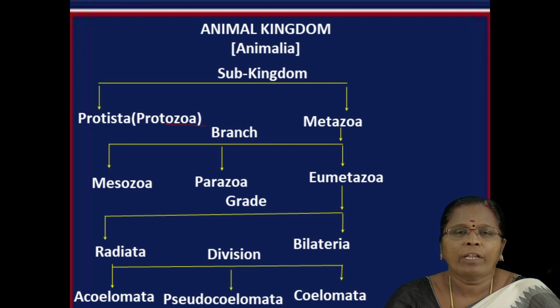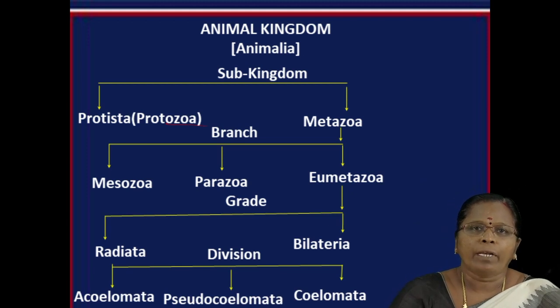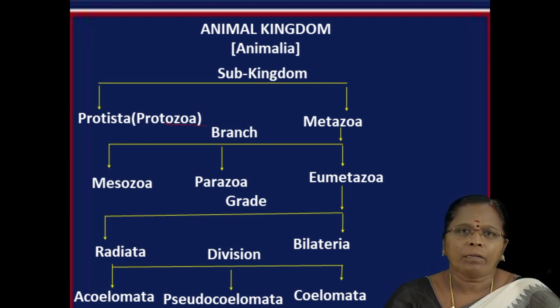Next, the Eumetazoa are divided into two grades, namely radiata and bilateria, based on the symmetry. What is symmetry? Suppose you cut an animal in a specific plane, all the parts are arranged on the central axis, or it has a definite pattern. What is meant by radiata?